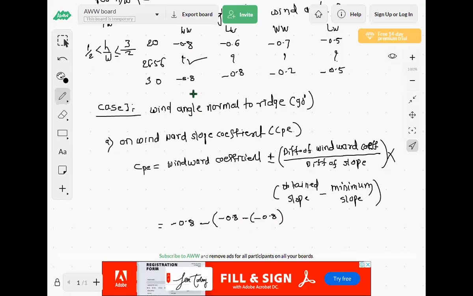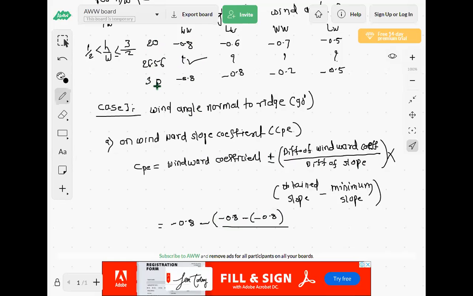Note here, I am taking the difference of the windward coefficient for theta 20 and for theta 30. We have to take the difference of these two windward coefficients. Both are minus 0.8 and minus 0.8, so we take the difference of these two. Then divided by the difference of slope.